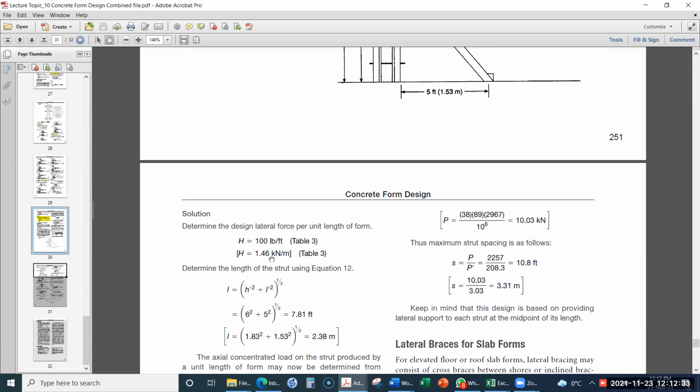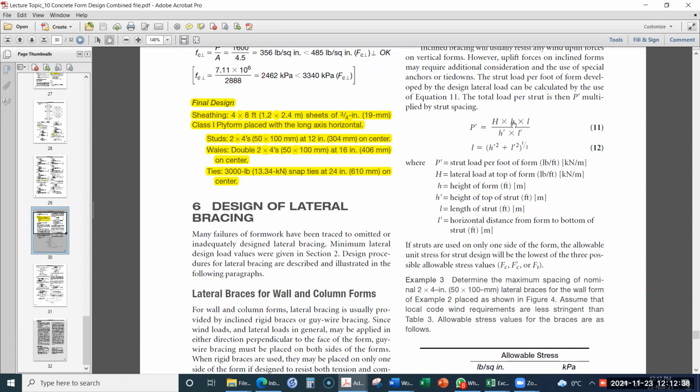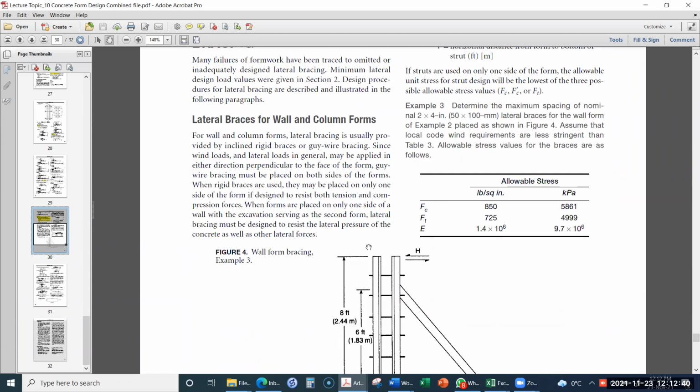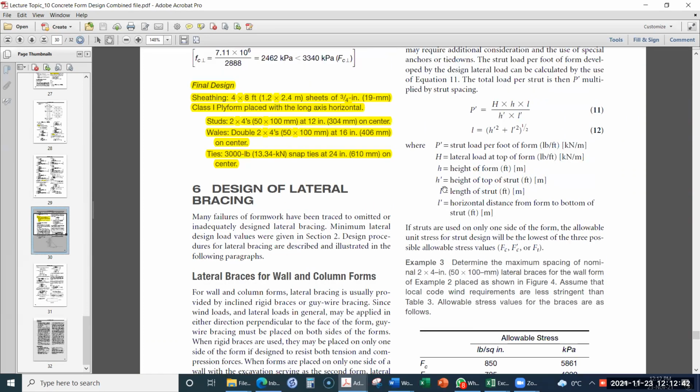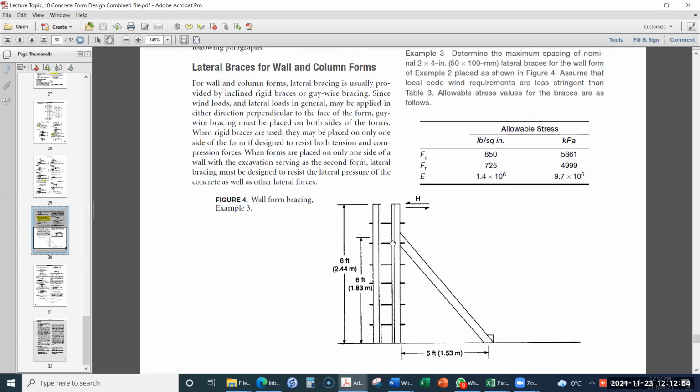1.46 kilonewton per meter. Whereas H is the height of the wall, or height of the form, in this case. L is the length of the strut, that means this length.